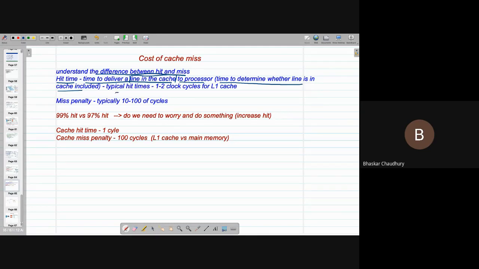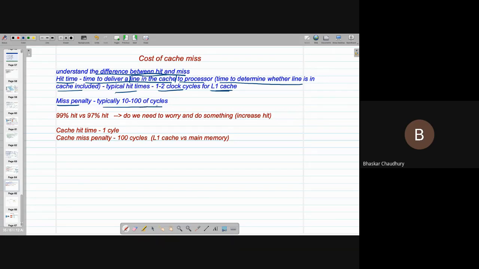Typical hit times are 1 to 2 clock cycles for L1 cache. This increases as you go to the outer caches. And what is a cache miss? A miss is a kind of penalty. If you do not find it in the L1 cache, or in the cache, then you have to go to memory probably. Typically that will take 10 to hundreds of cycles.